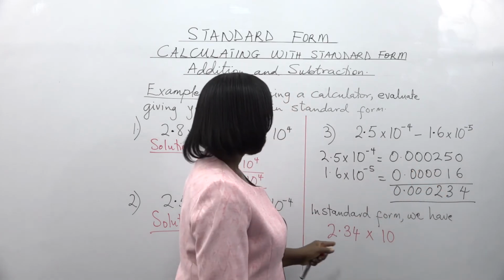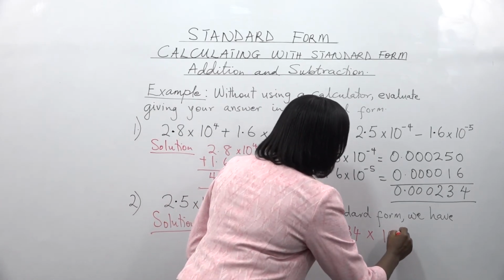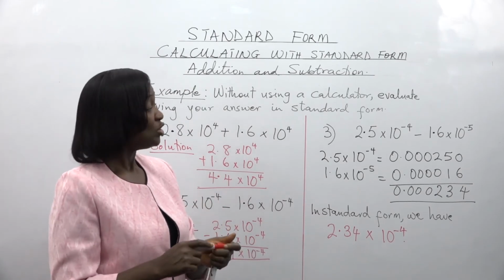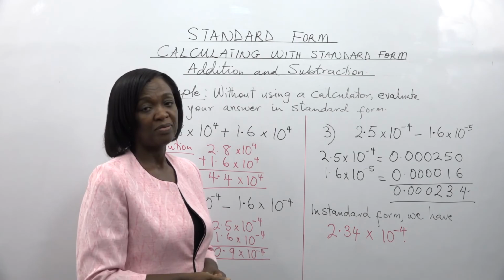So it's going to be 2.34 times 10 raised to power minus 4. That's the final answer. So to calculate in standard form, it's very easy.